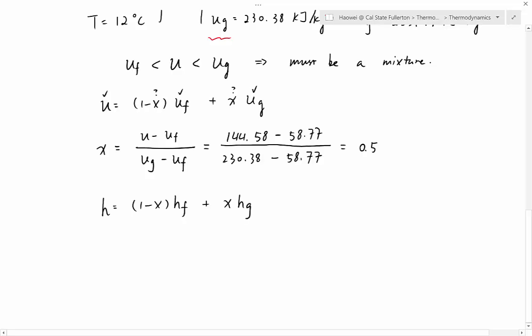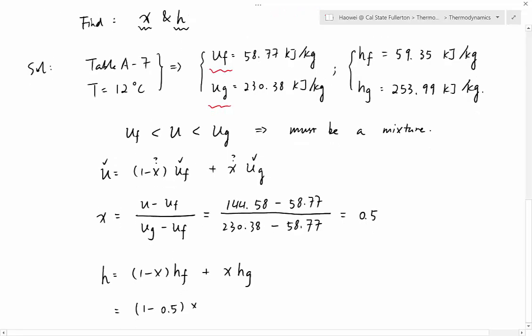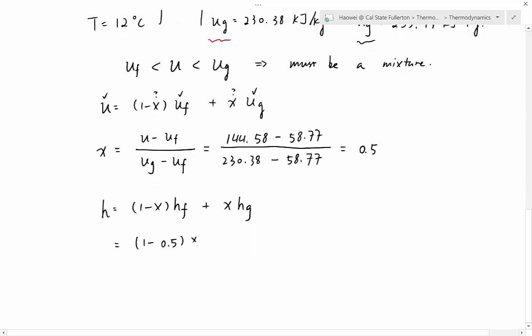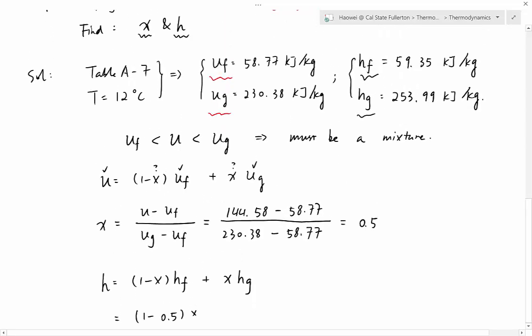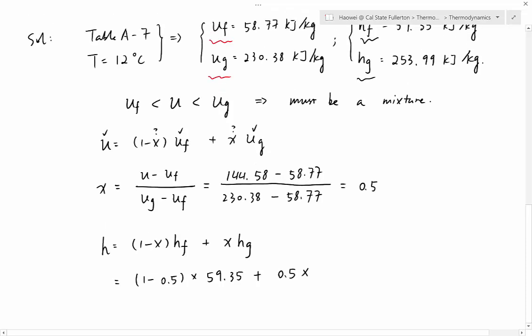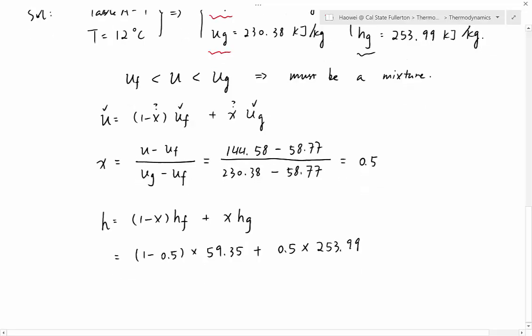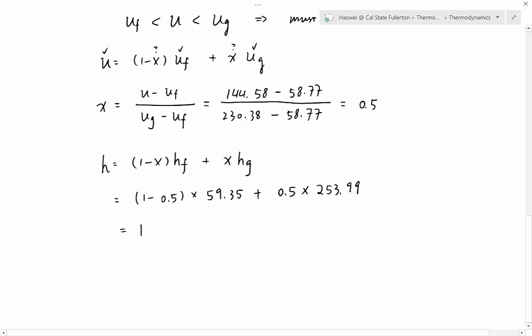And we have everything on the right-hand side, so we just plug in all the numbers. 1 minus x, which is 0.5, times hf. We found hf and hg already earlier from the table. So we plug in hf. hf is 59.35. And then plus quality 0.5 multiplied by hg. And hg is 253.99.